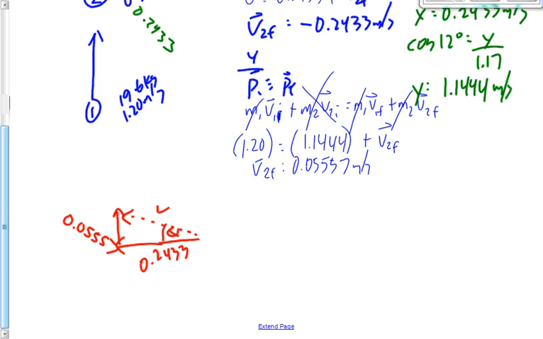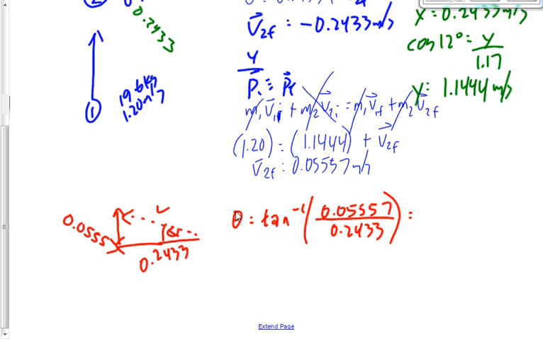Scott, what are you going to do here? What are we going to do here, John? To get the angle, yeah, we're going to do opposite over adjacent. Okay, if you want to find the angle first, that's okay. Gives us 12.9 degrees. That would be 12.9 degrees north of west, right?